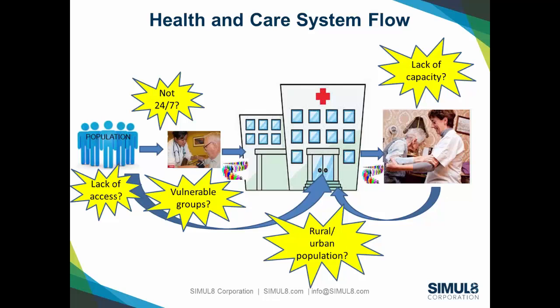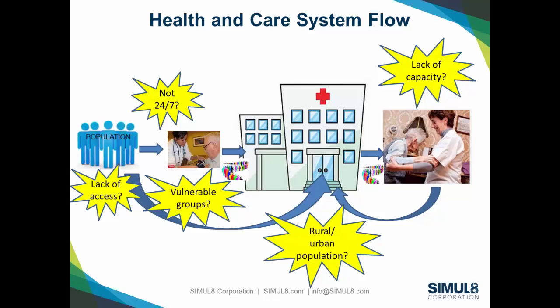And there are a whole range of different potential barriers, issues that affect how people flow through the system. So there might be a lack of access to services for a whole range of reasons. We know that vulnerable groups are perhaps less likely to use health services, or maybe only use them when they're really, really sick, and not necessarily picking up the more routinely available planned care services.